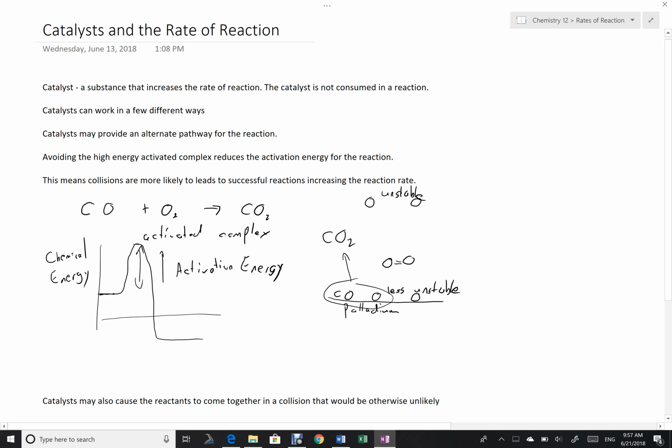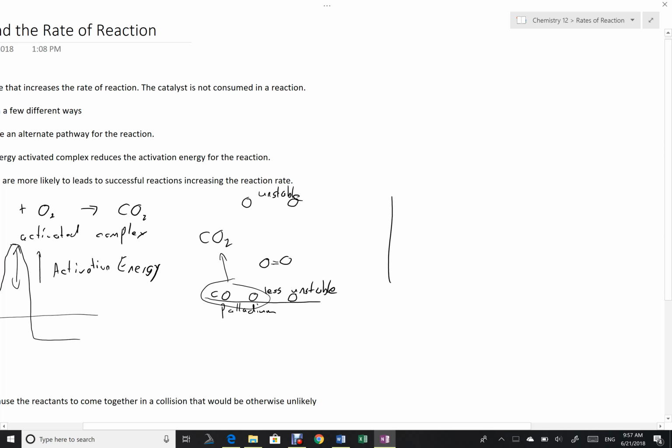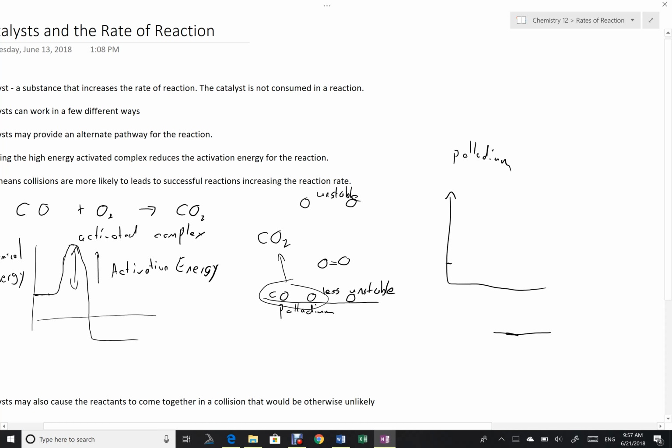So if I imagine the chemical energy diagram for this reaction with the existence of palladium there, I start at some point and I'm going to end at the same spot. But because this reaction can take part in a number of more stable states, I'm not going to go up like I did here to this very unstable state. Instead, I'm going to go through maybe a bunch of smaller stages and then come down to that same change.